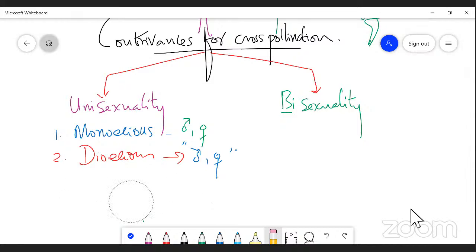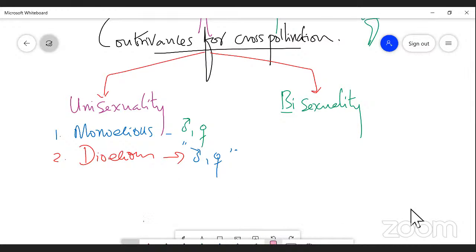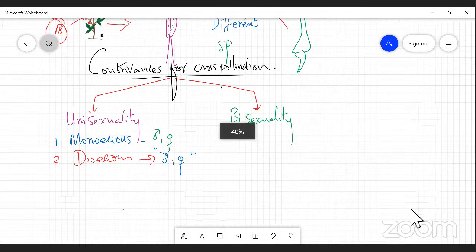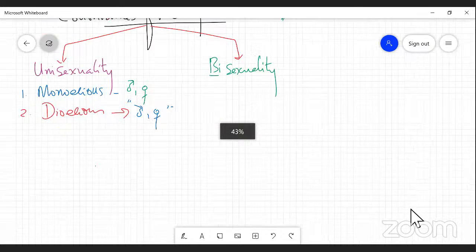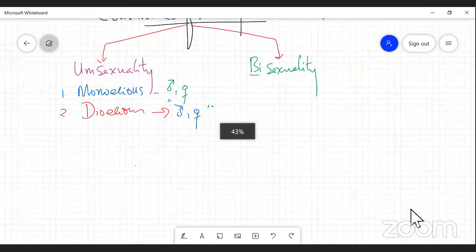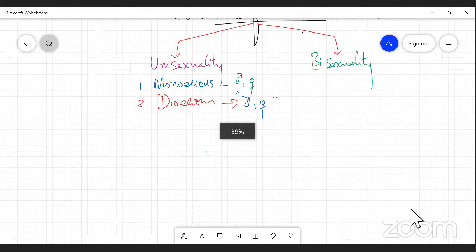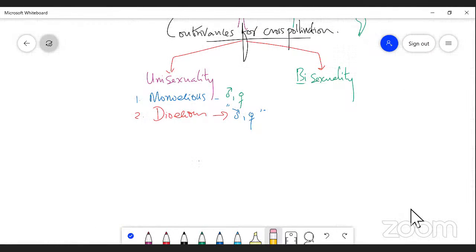For monoecious, I like to give some examples. The coconut plant, I can say, is a right example for monoecious, in which both male and female flowers are found in the same plant, right?